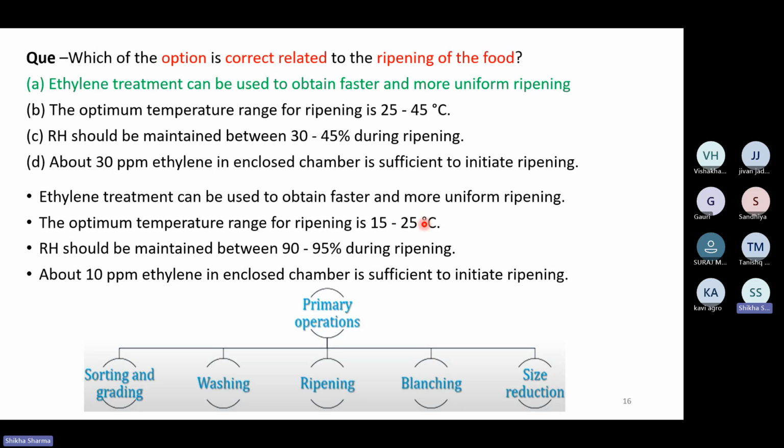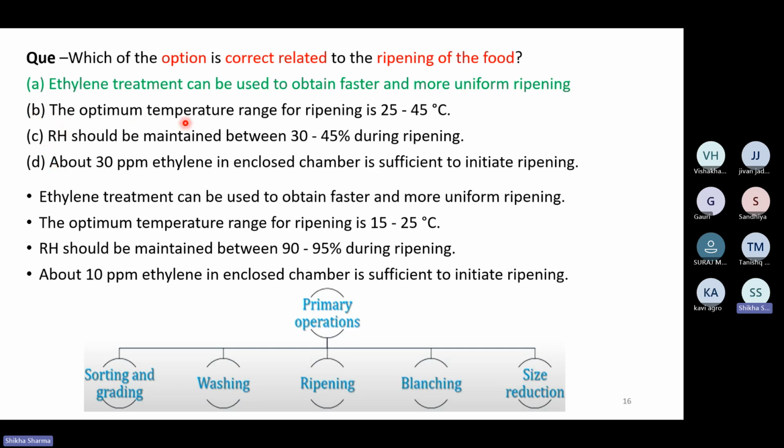So let's see our question. As Vishakha rightly mentioned, ethylene treatment can be used to obtain faster and more uniform ripening, which is correct. But why are options B, C, and D not correct?